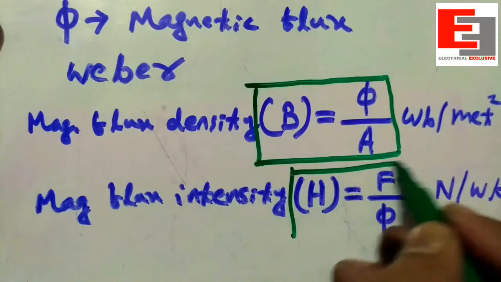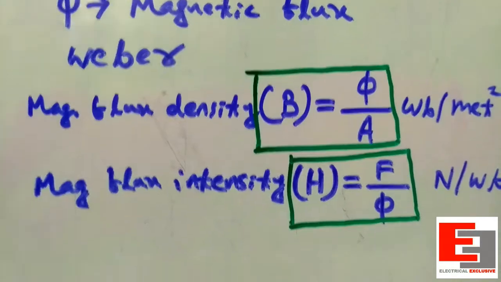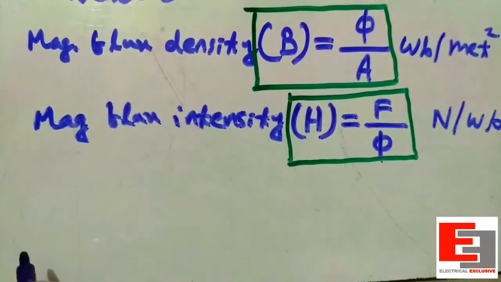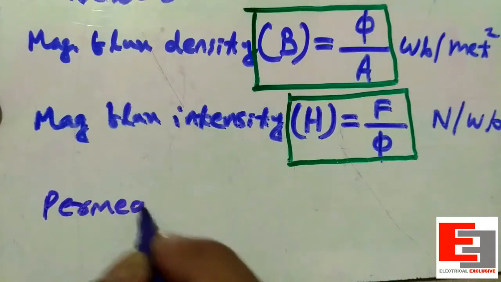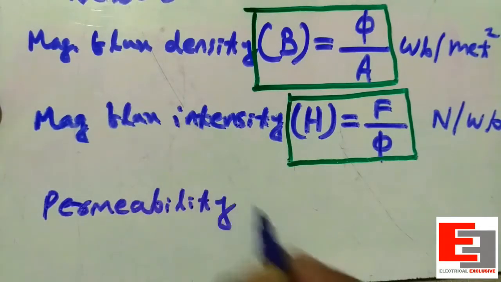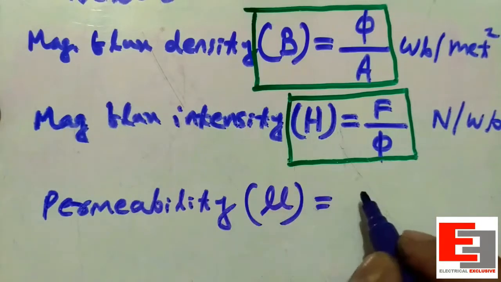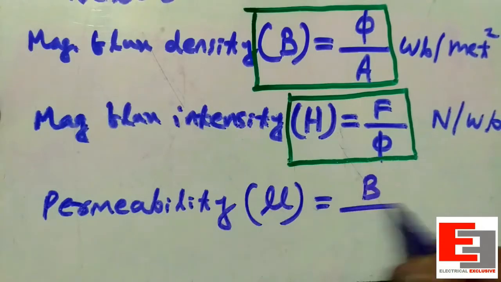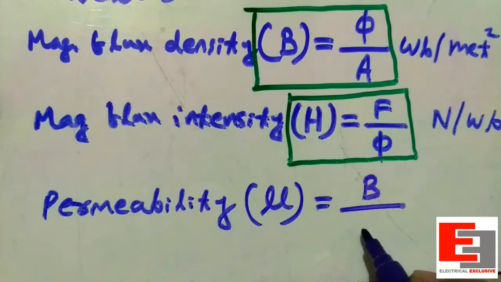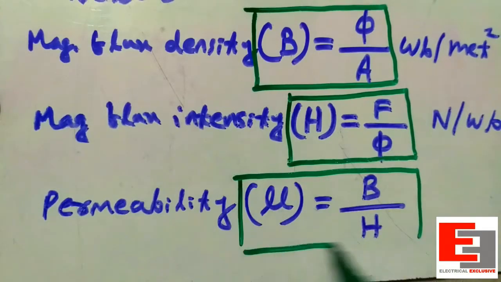This equation signifies the magnetic flux intensity, and from these two equations you can find permeability, which is denoted as mu, equal to the magnetic flux density B divided by the magnetic flux intensity, that is H. This is the equation for permeability.